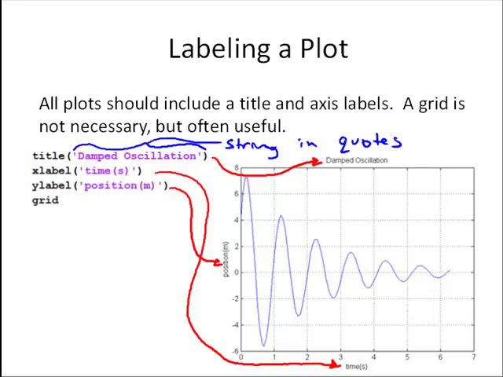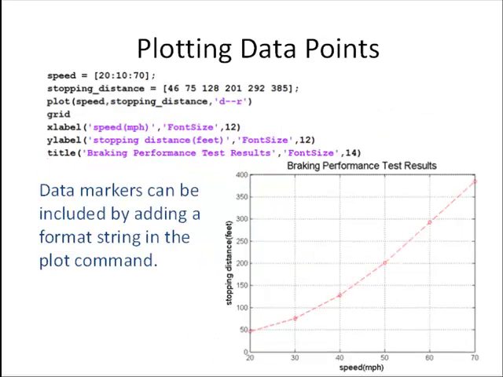Sometimes instead of plotting a function where we want a nice smooth line, we might be plotting some data, for example, experimental data. We can also do that with the plot function. Here's an example from some tests of braking performance. In this case, the way that we can plot those data points is by adding a format string in the plot command.